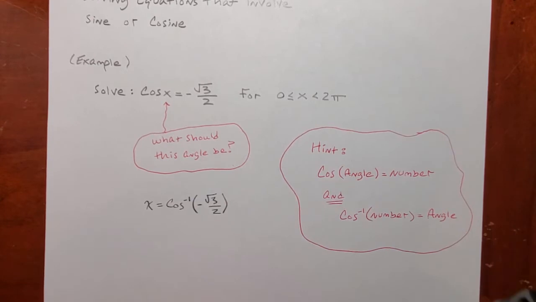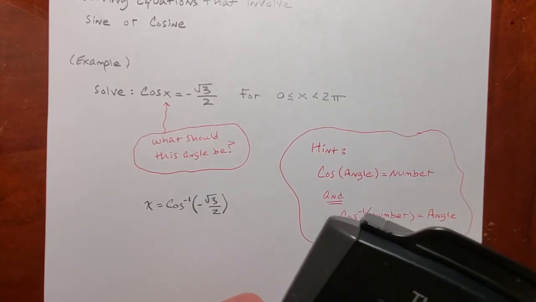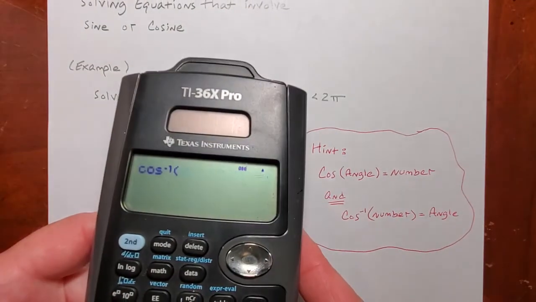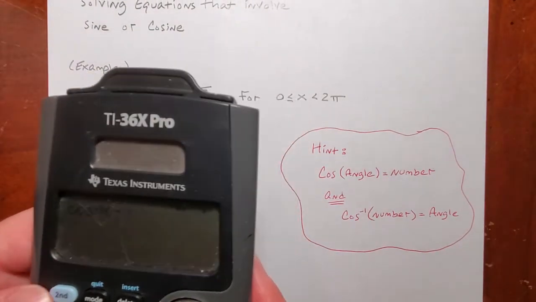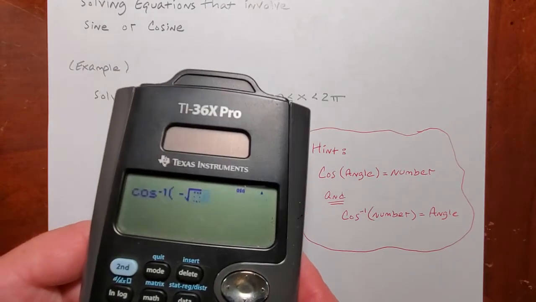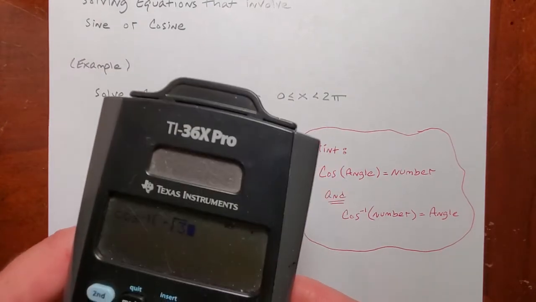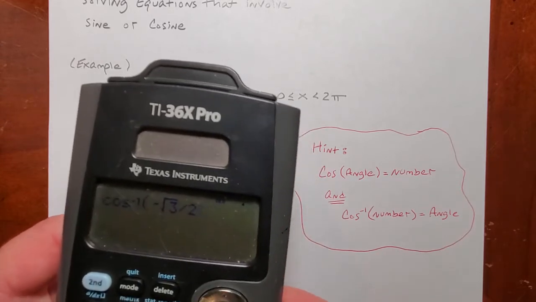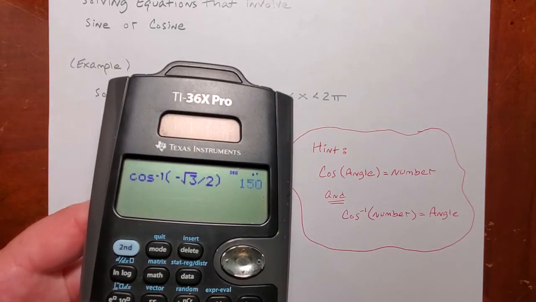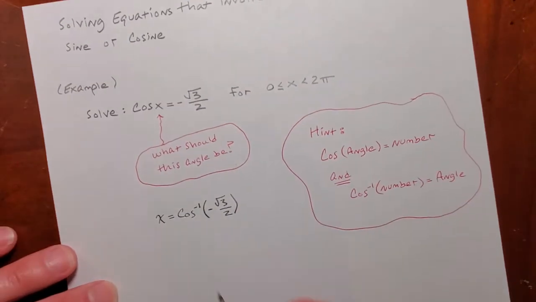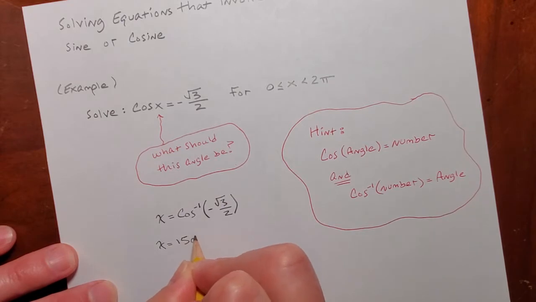So I want to show you what my calculator says if I do that. Okay, so cosine inverse, there we have it. And that number was negative root 3 over 2. All right, let's see what it tells us. It says 150 degrees. Okay, my calculator's in degrees right now. So let's say x is going to be 150 degrees.